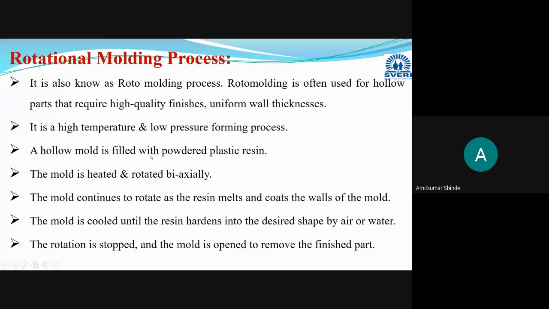A hollow mold is filled with the powdered plastic resin. This is the charging stage. Then the mold is heated and rotated biaxially. This is the heating and rotation stage. In the third stage, the mold continues to rotate, and the resin, that is the powder particles in softened or molten form, will get attached to the walls of the mold.